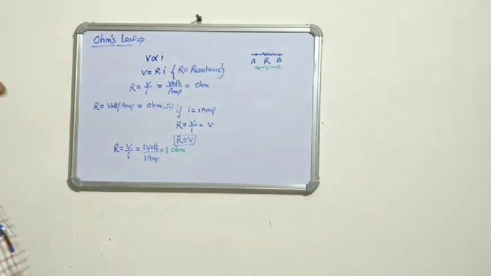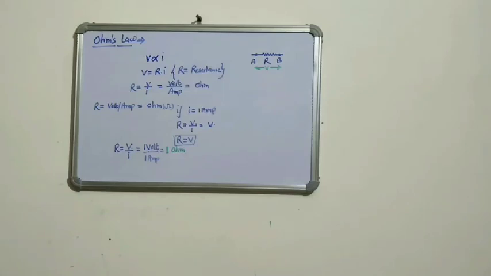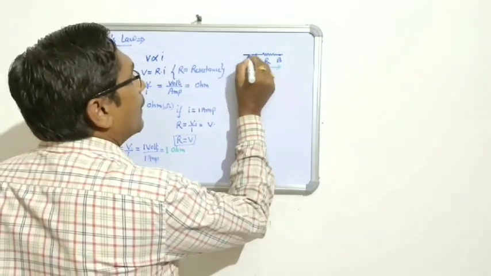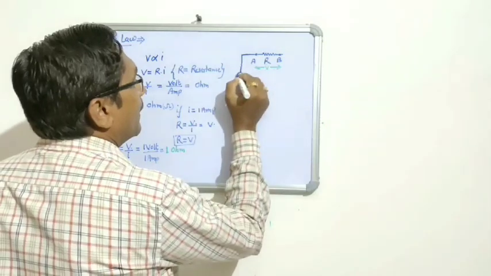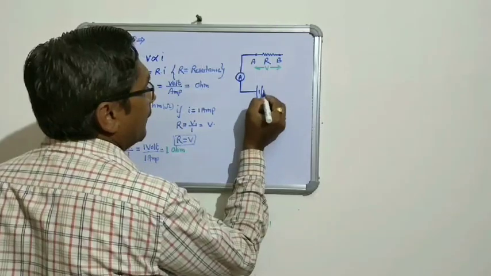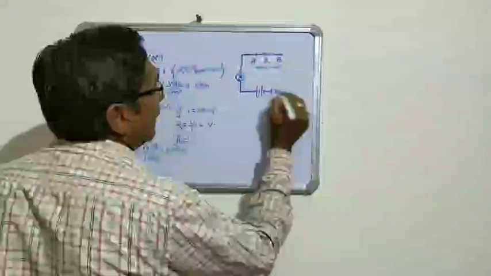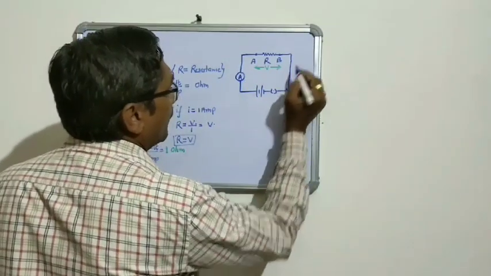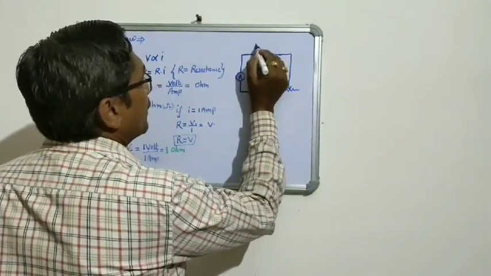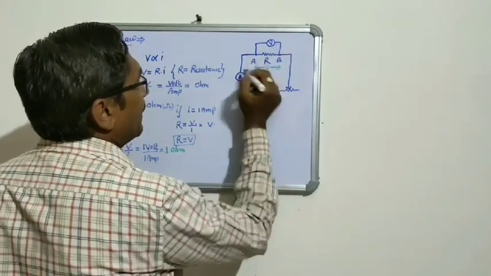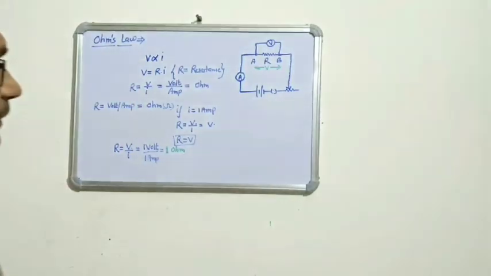Now we can experimentally verify Ohm's law. So we can complete this electrical circuit. Here is ammeter A. Here is battery, switch K, rheostat, voltmeter. Voltmeter is always connected in parallel and ammeter is always connected in series, right?